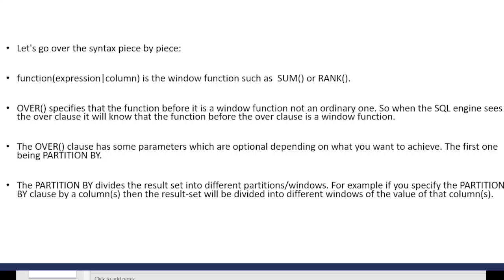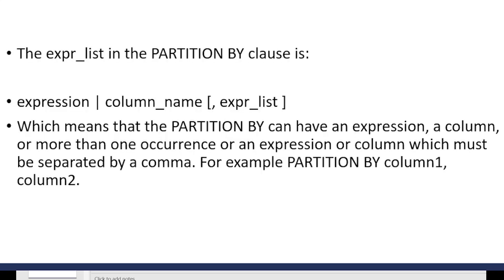With the help of OVER, I can specify how I want the window to be. In OVER, I can specify partition by and order by, and we are going to see how to do this. In the partition by clause also, I can specify any number of columns.